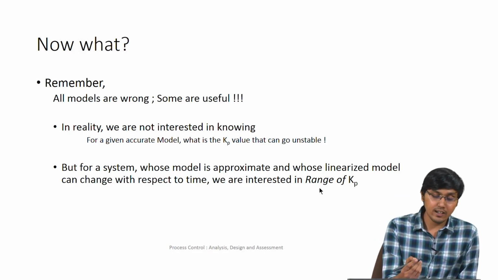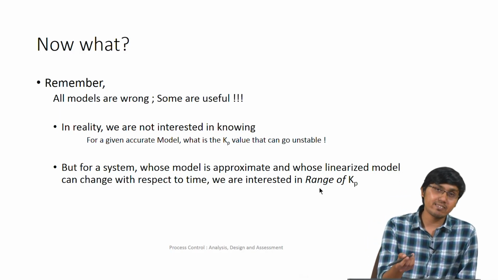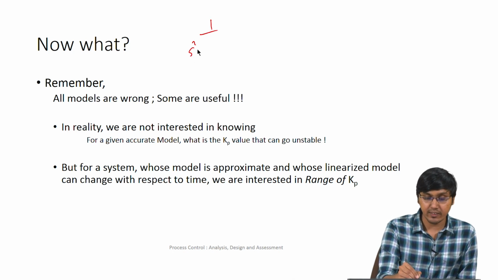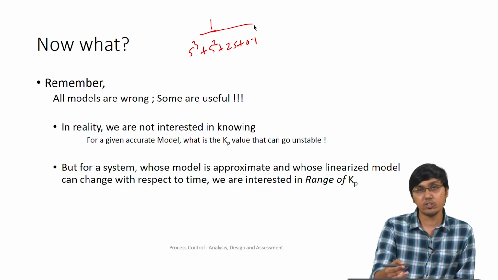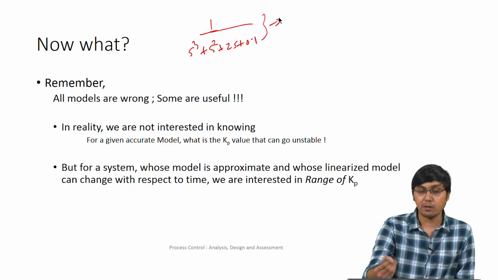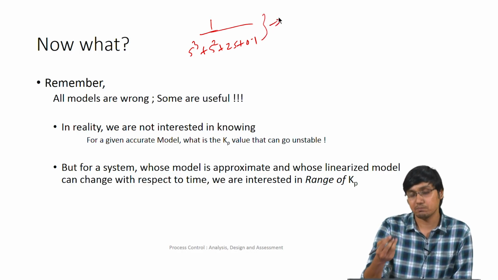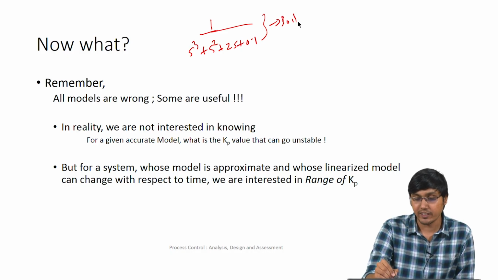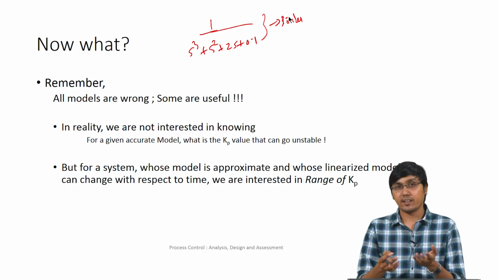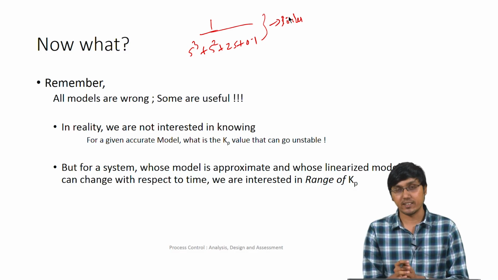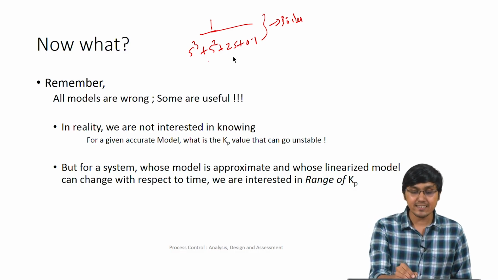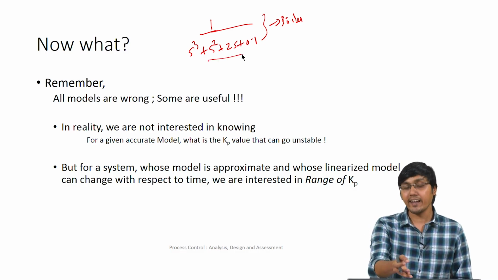Whatever we have as a transfer function, say a transfer function with s squared plus 2s plus 0.1, if this represents, say, a boiler, I am just taking a random example, and this is a process with this transfer function, then this itself is an approximation.